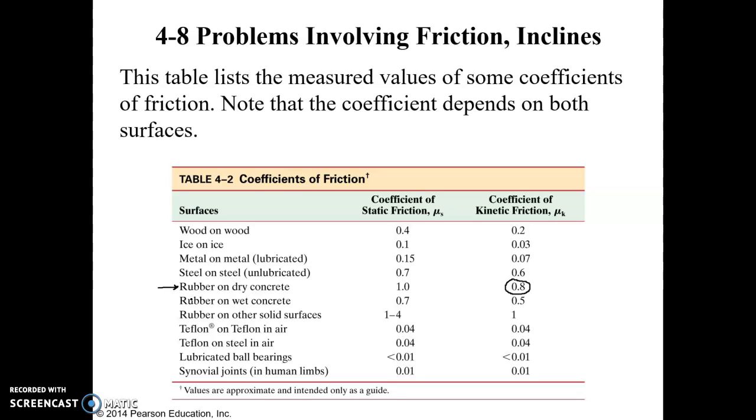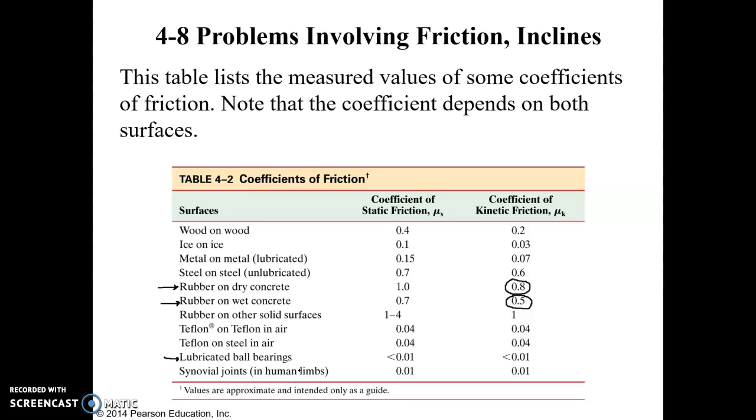When it rains and the road gets wet, you can see that the coefficient of kinetic friction becomes less. It drops from 0.8 to 0.5. So we can see clearly that roads get more slippery when they are wet. And then things where we want to reduce friction, like a lubricated ball bearing.